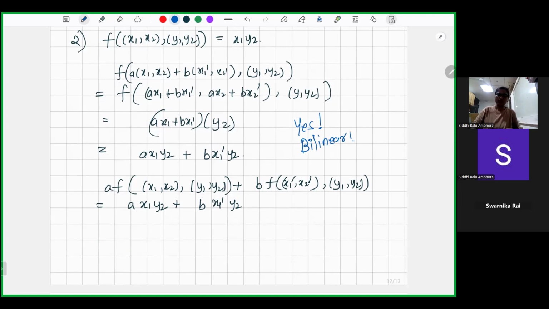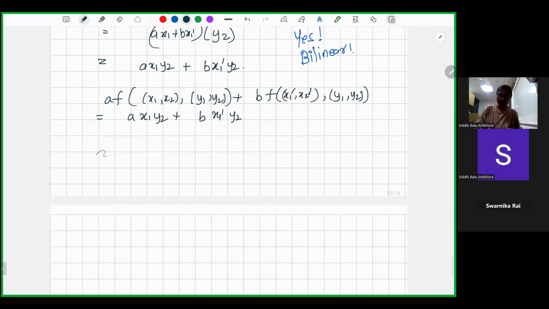And to check symmetry, whether f of x1 x2 comma y1 y2 is equal to f of y1 y2 comma x1 x2 or not.